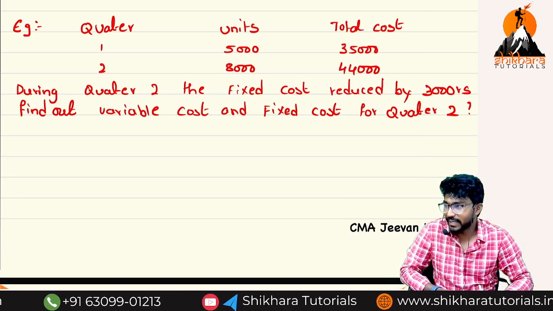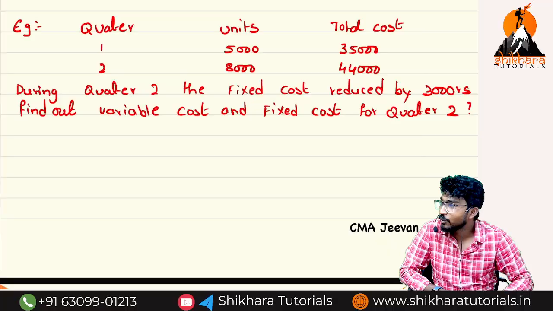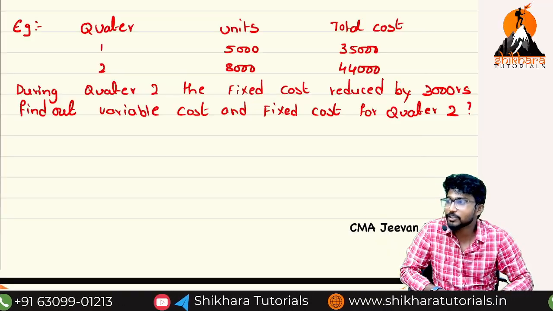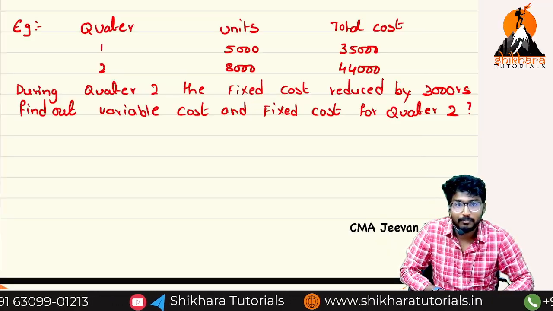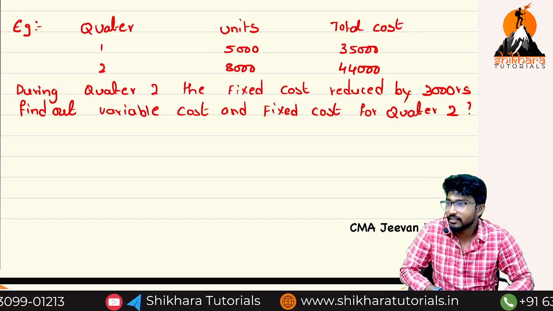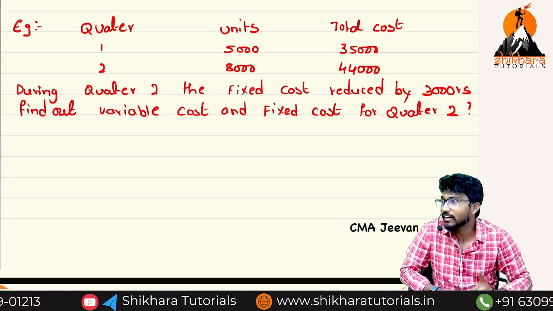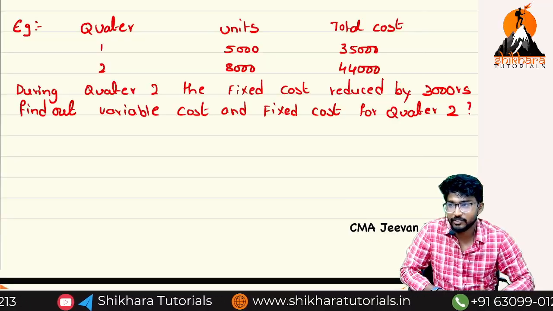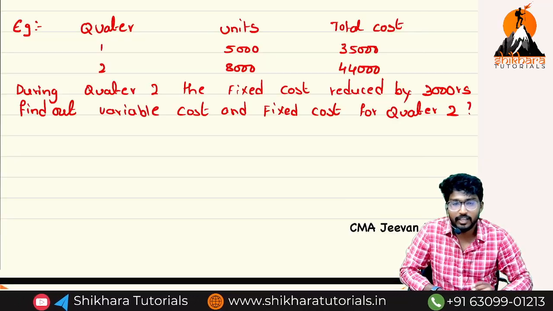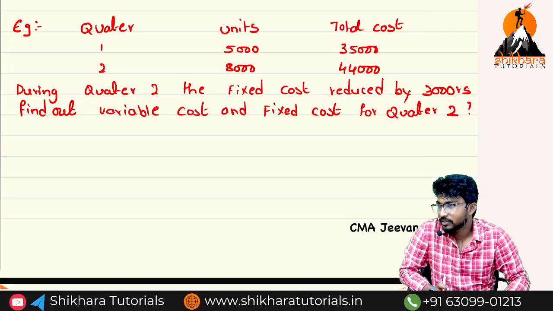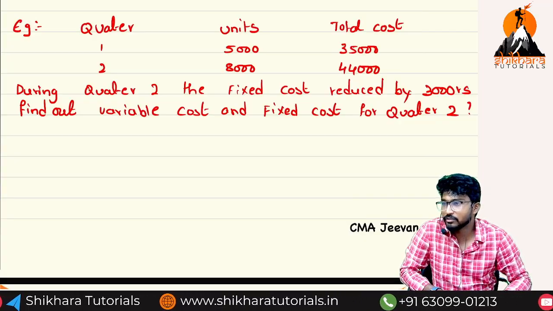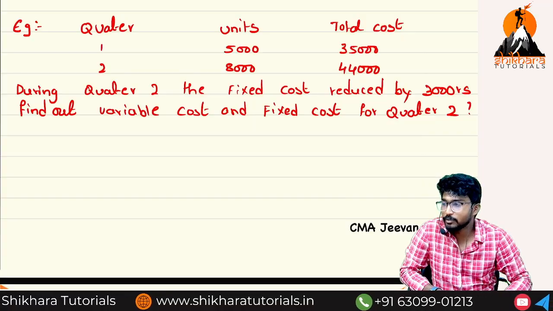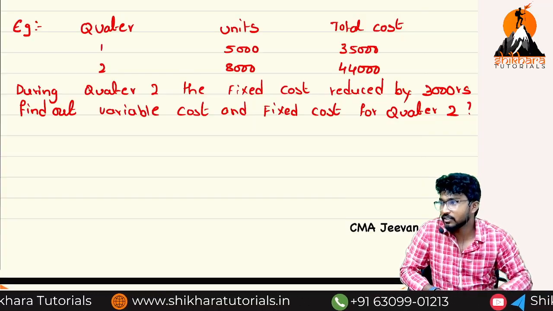So in basic mathematics, whenever we have two variables, it is impossible to calculate the problem. So first we need to make one thing constant. Variable cost is always variable, so we are not going to make it constant, but we are going to make this fixed cost constant.